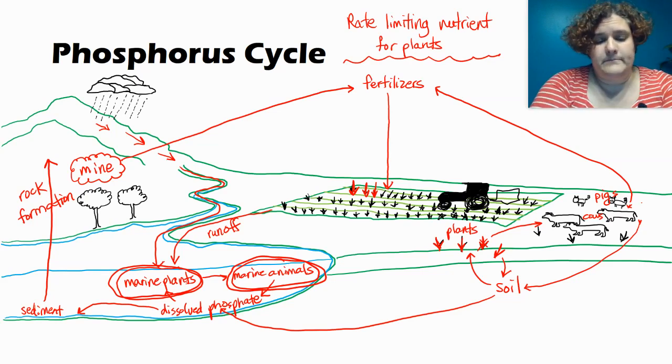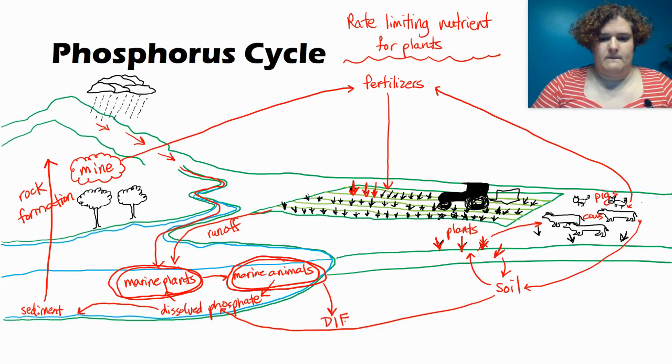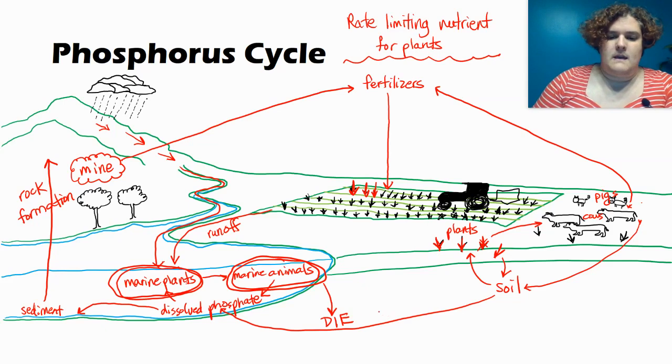Seems like a good thing, right? If the marine animals grow faster than the environment is able to support, and there's not enough food for them and so forth, they die. And that process by which you overfeed phosphate to marine plants and then animals and results in them dying is called eutrophication.